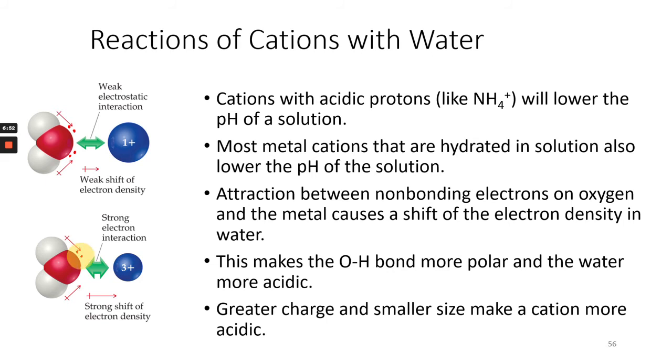So here we have our electron pairs. These electrons are highly attracted to this positive charge, making the OH bonds even more polar, making it easier for this bond to break and this hydrogen to be released and donated. This makes the OH bond more polar and the water more acidic.